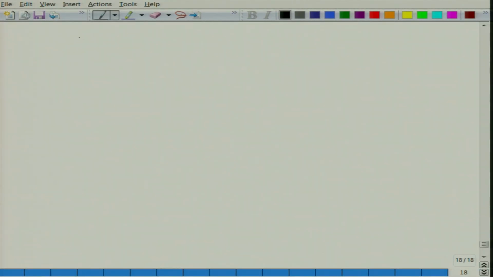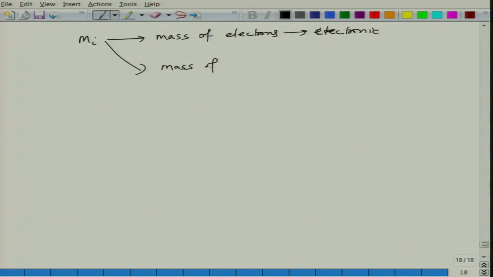So, here you can consider m_i could be either the mass of electrons, for electronic polarization, or it could be the mass of ions for an ionic polarization system. And generally for ionic polarization we consider the reduced mass of the system, given as m plus m minus divided by m plus plus m minus.